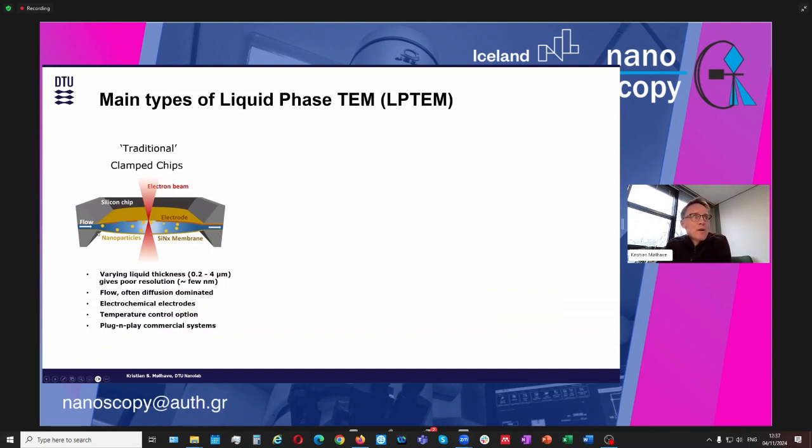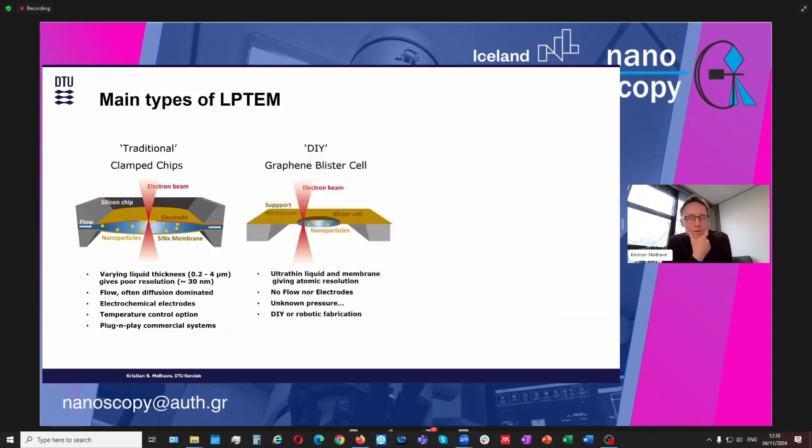But they have the drawback that there's a vacuum in the TEM, and the membrane encapsulating the liquid will start bulging out because of the pressure of the liquid. That gives you fairly thick layers of liquid and pretty poor resolution. Also, in most of the systems, you have pretty poor flow, though you can get electrochemical electrodes in there. You can also get some temperature heating and so on. So they're kind of nice, but also quite tricky to use.